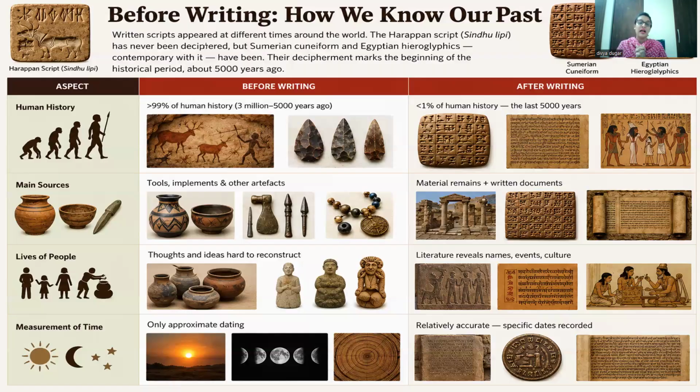Now children, as I told you in the starting, we have to imagine how the period was before writing and how it was after writing. Students, you will be surprised to know that 99% of human history was before writing. Can you imagine? 99% of human history falls under the category when there was no writing.